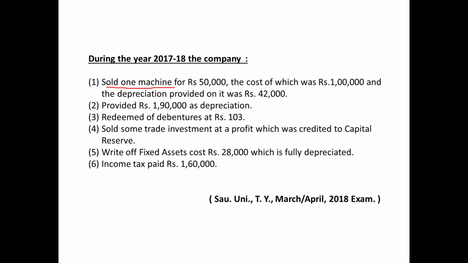Sold one machine for rupees 50,000, the cost of which was rupees 1 lakh, and the depreciation provided on it was rupees 42,000. See, here the word cost has been given, and the depreciation provided on it was rupees 42,000.